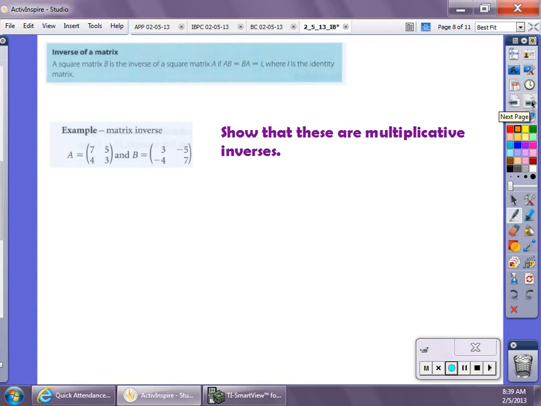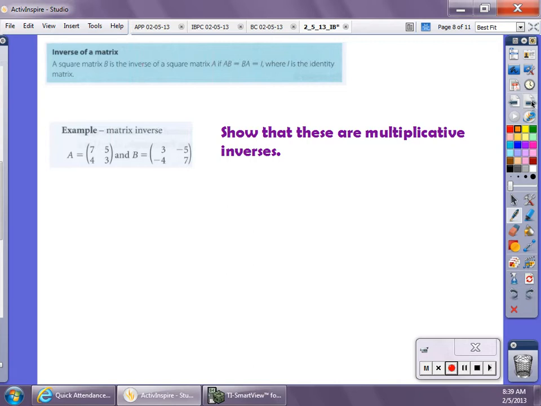Inverse is also important. Show that these are inverses. I want to make sure that you guys can multiply in terms of getting inverses.